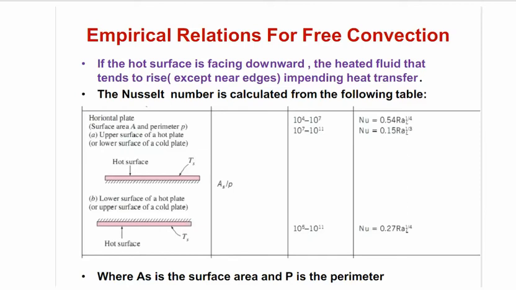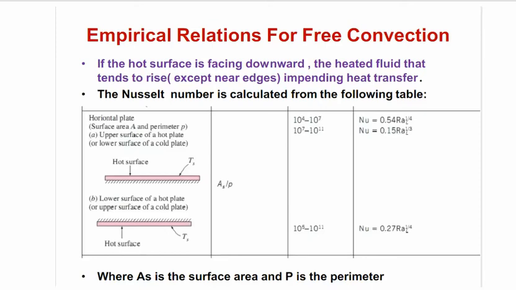The range is 10 raised to power 4 to 10 raised to power 7, and the Nusselt number is 0.54 Rayleigh number raised to 1 by 4. For the lower face of a colder plate, the range is 10 raised to power 7 to 10 raised to power 11, and the Nusselt number will be 0.15 Rayleigh number raised to power 1 by 3.